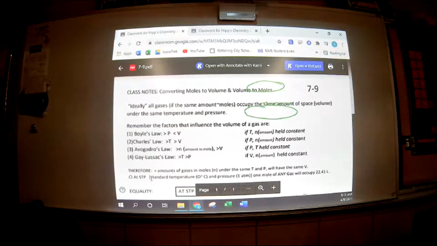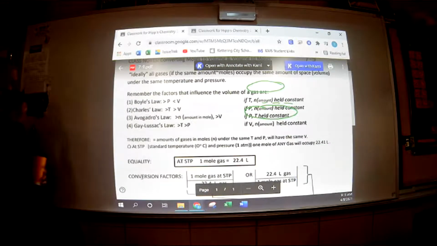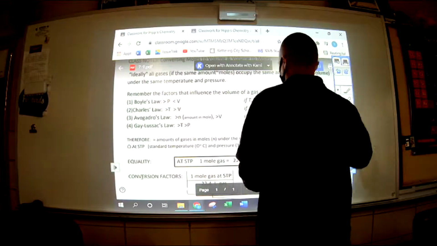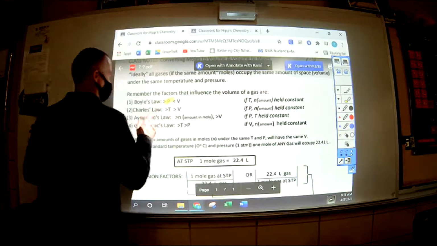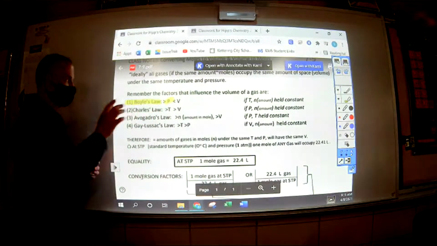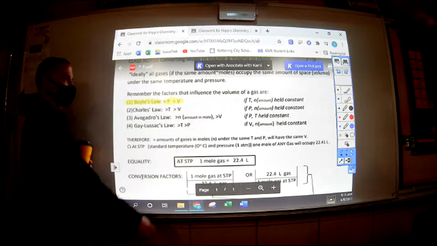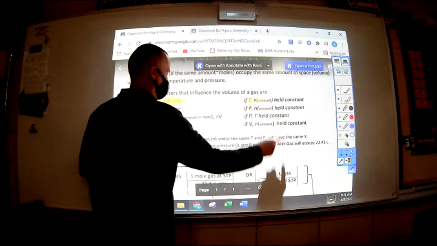This is note 7-9, which tells you that how much space a gas takes up depends on pressure. It was Boyle's law that says that if you increase the pressure on the gas, the volume goes down, assuming the temperature and the amount of gas are held constant.